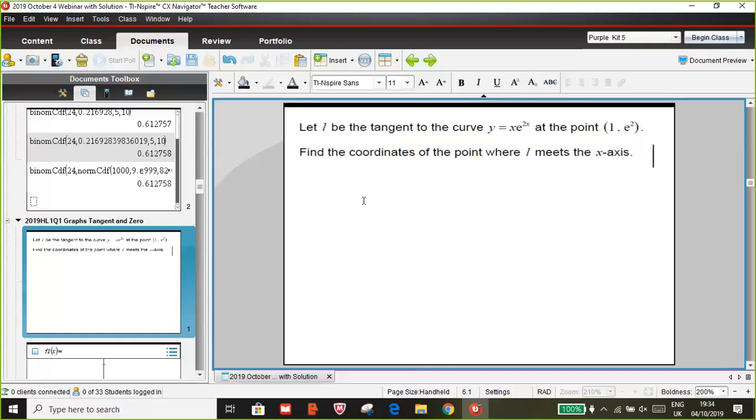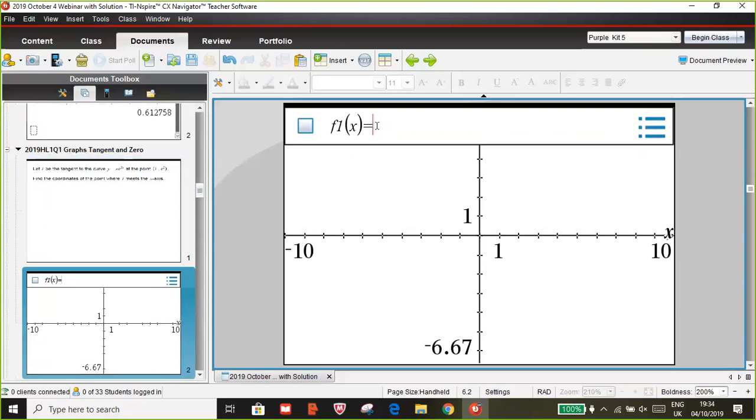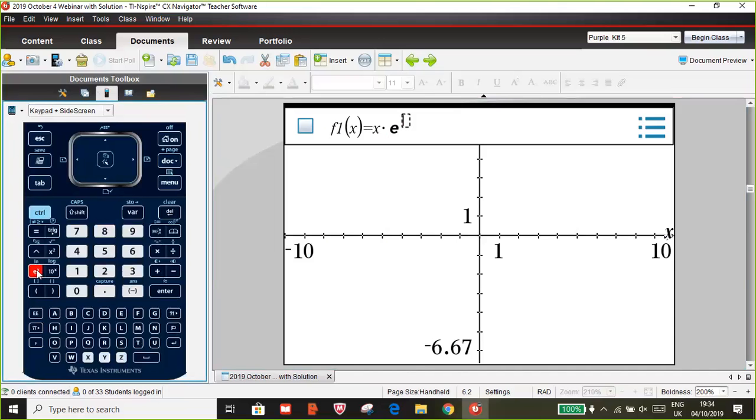Okay, so I'm going to open the graph page. I'm going to type in x multiplied by e to the power 2 multiplied by x.